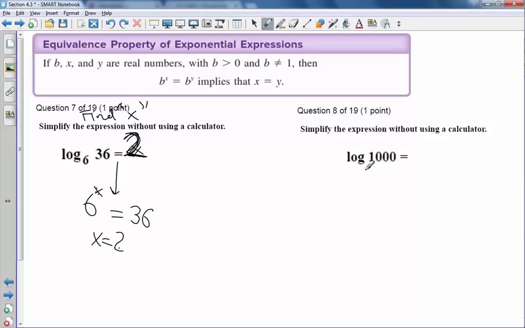First off, base is missing. If it's missing, the base is 10. So you have log base 10 of 1000 equals x here. All three present. Let's flip. Who wants to do the flip?